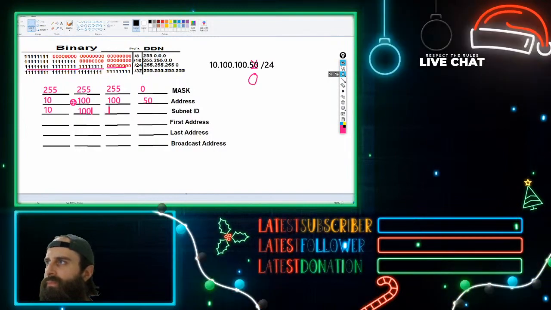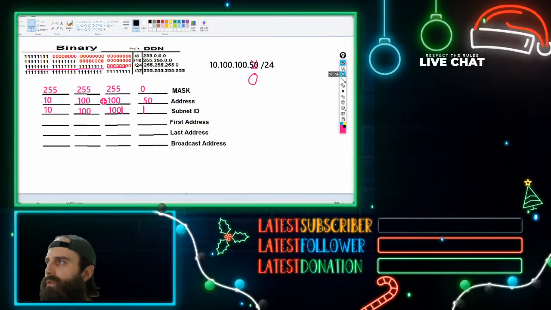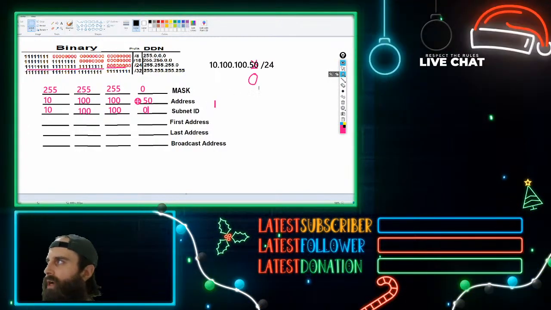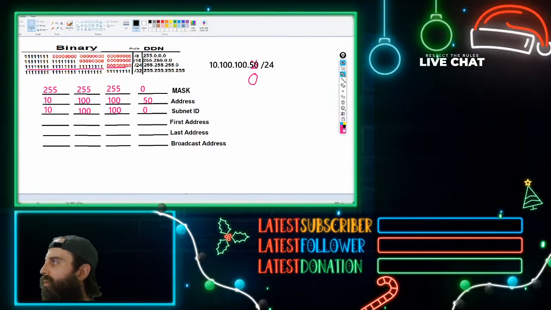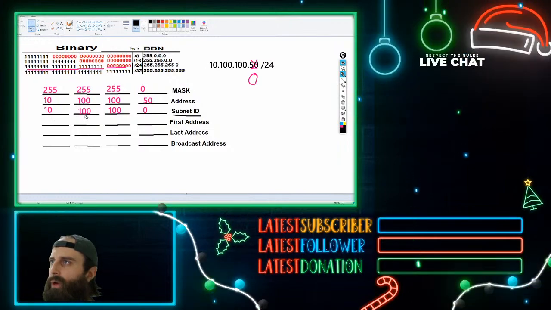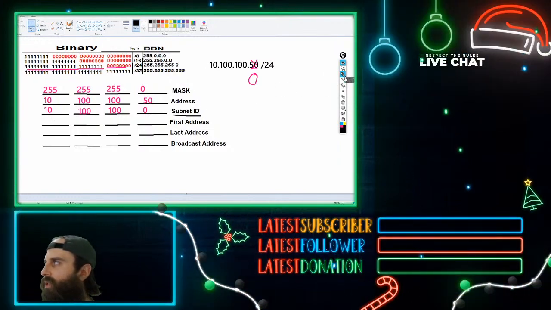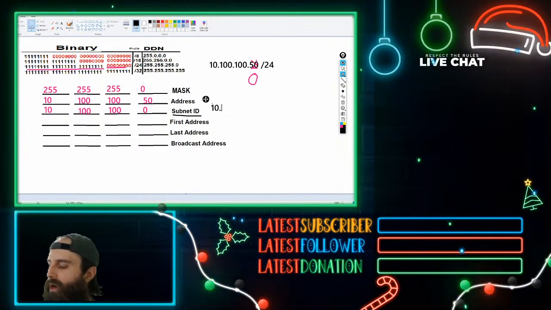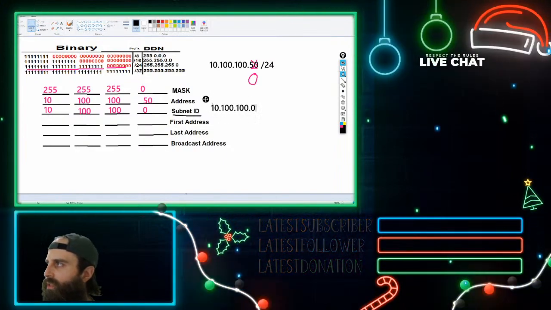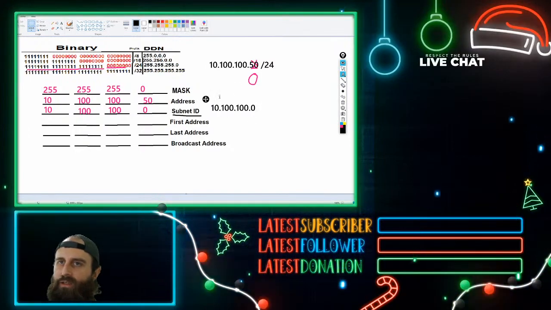So our subnet ID is 10.100.100.0. So this is our subnet ID for this address range, okay?